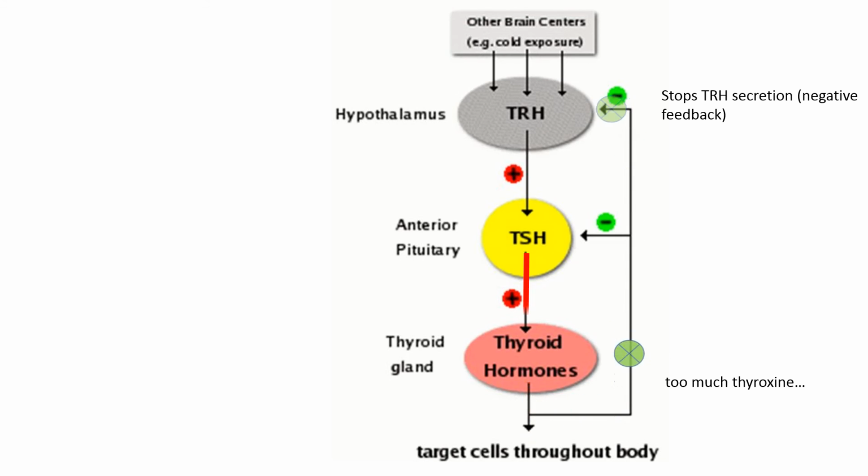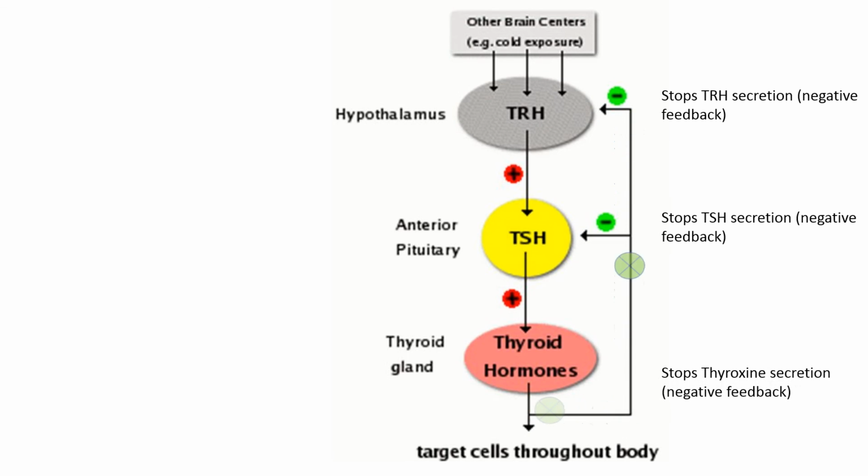At the same time, thyroxine will have a negative feedback action on the pituitary gland, so it will stop secreting TSH. And because we no longer have TRH, which causes secretion of TSH, we now stop the secretion of thyroxine. So it's being negatively fed back.